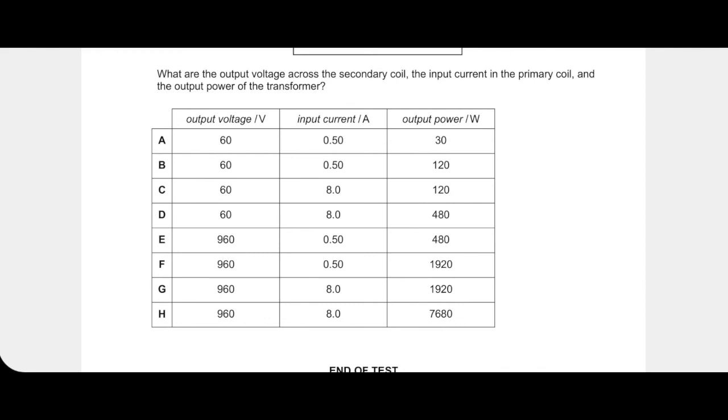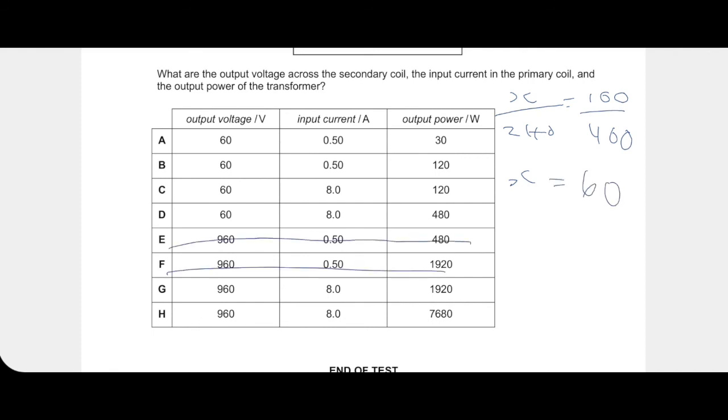So we are going to write that out and solve. So x over 240 is equal to 100 over 400. Therefore x is equal to 60. We can eliminate E, F, G, H. All of them gone.